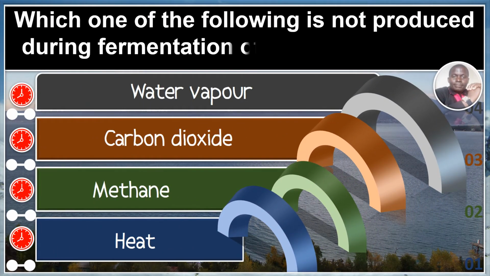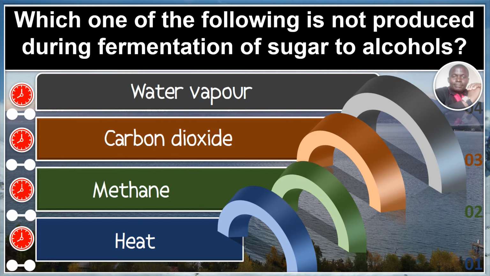Which one of the following is not produced during fermentation of sugar to alcohols? Methane.